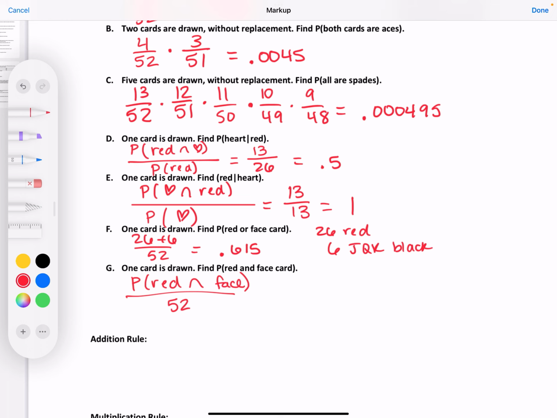So that's all I care about, because it has to be both. So the difference with this one and the one before was we wanted red or a face card. Now it has to be red and a face. So I don't care about anything but those 6 red faces. So this will be 6 over 52, which is 0.1154.